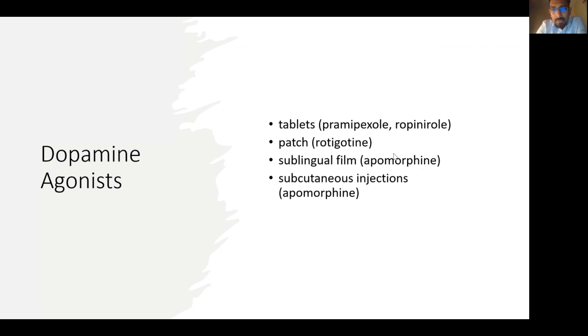So it's important to continue the medicines in an alternate form. Rotigotine is our choice there. There are some online calculators. If you input what kind of medicine the patient is on and in what form, it will give you the dose of rotigotine.